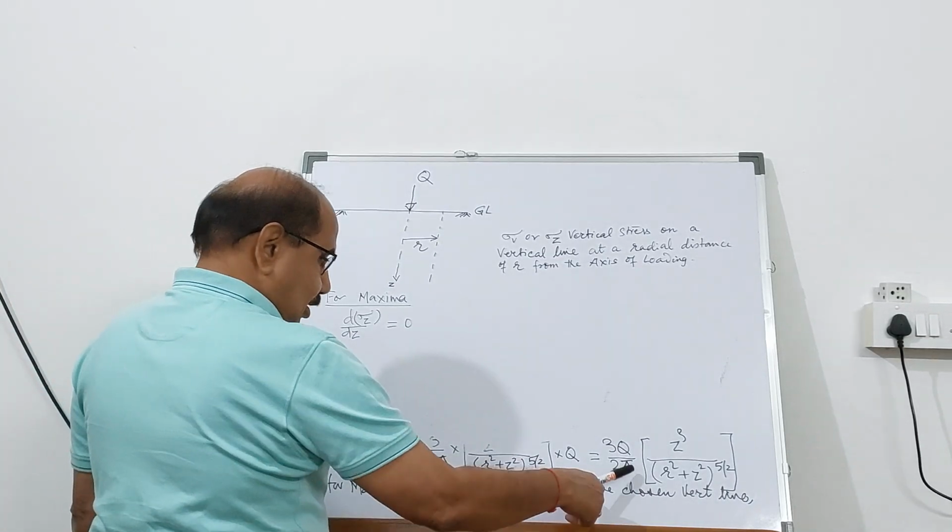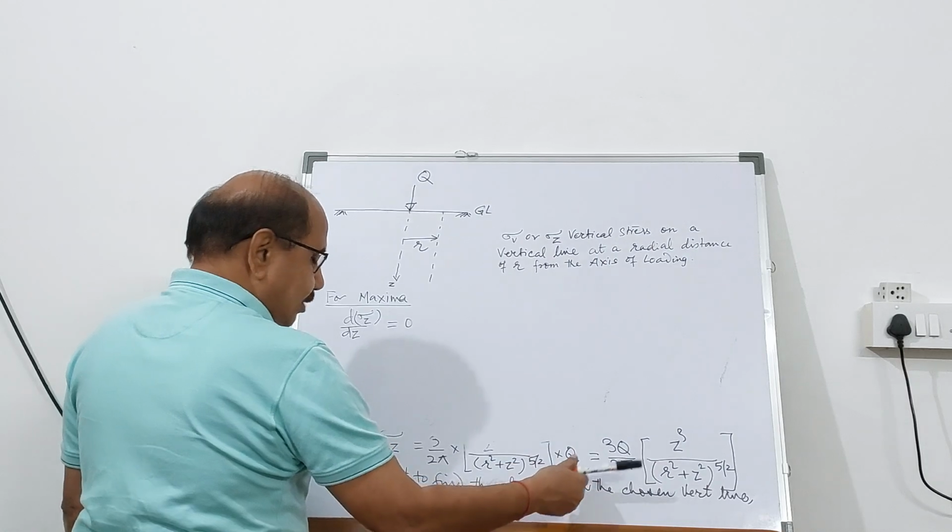So already we know sigma z equals 3Q divided by 2 pi.